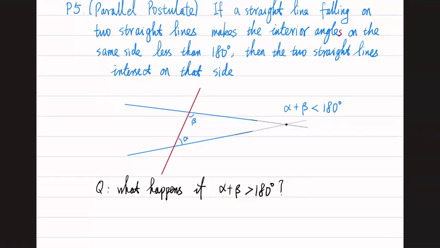Do they still intersect on the same side? No. Okay, what happens? Or do they not intersect at all? I don't know. Because I know if they add up to 180, then it has to be 90. But if it's greater than 180, is it even possible?